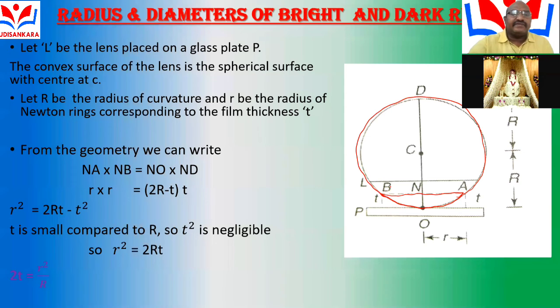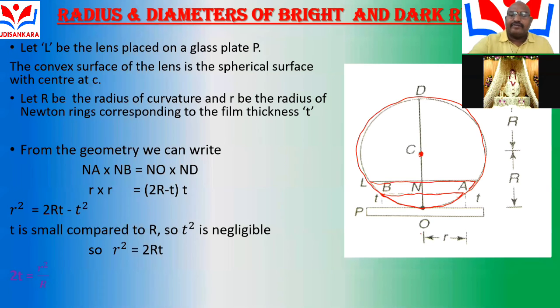According to the property of a circle, this is the radius of curvature of the plano convex lens. L is a plano convex lens of large radius placed on a glass plate P. The convex surface of the lens is a spherical surface with center C, where R is the radius of curvature of the lens.